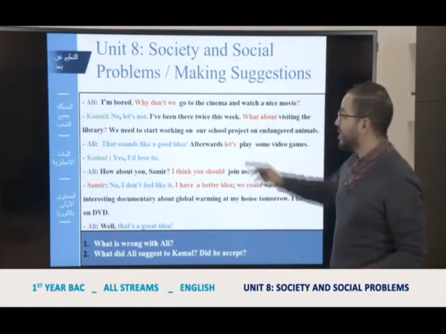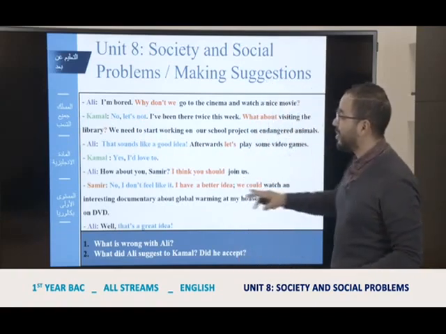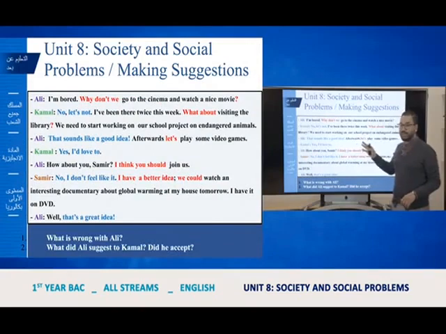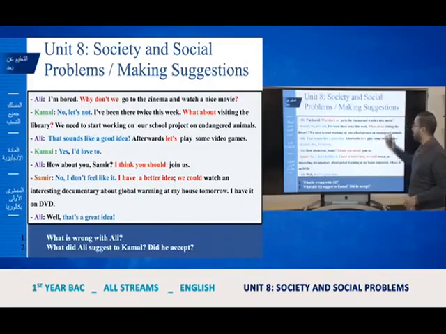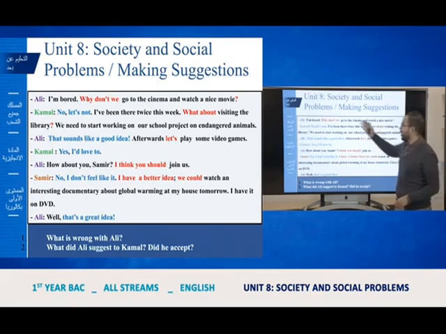As you can see in the dialogue, there are some highlighted expressions like why don't we, what about, let's, I think you should, I have a better idea, we could. These highlighted in red, we use to make suggestions.